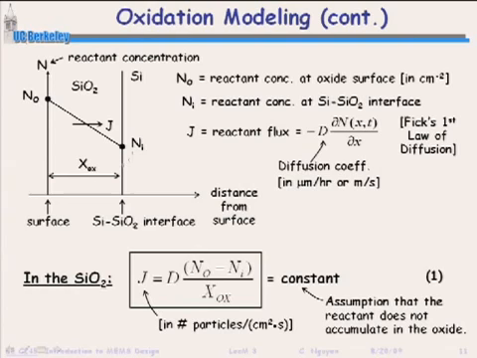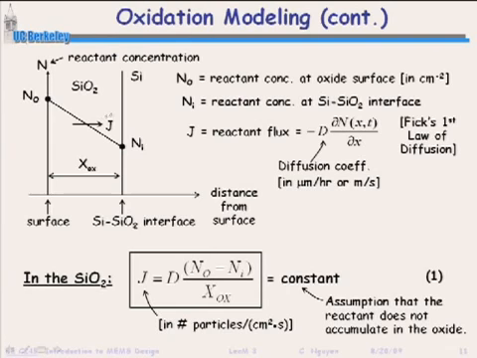And there's going to be some kind of flux. There's going to be a gradient of oxygen atoms or reactants in the oxide here where they react at the silicon. And there's going to be a flux of these going from the surface to the silicon dioxide interface. Okay, and we can define all of these things as shown here.